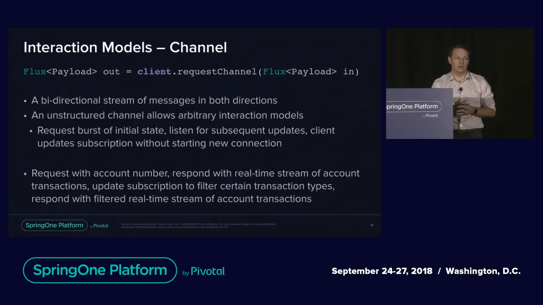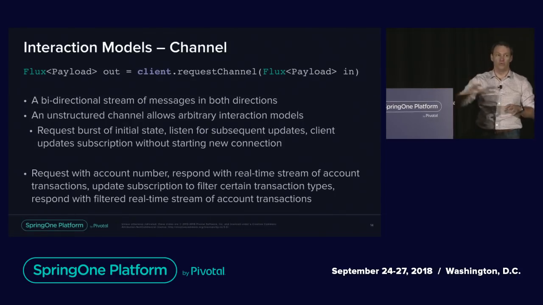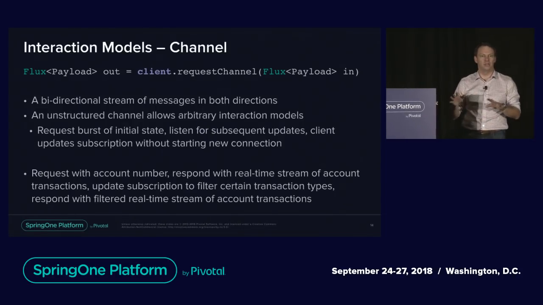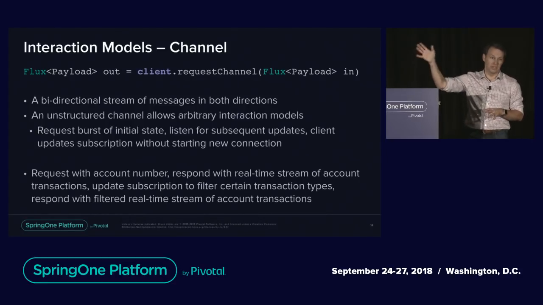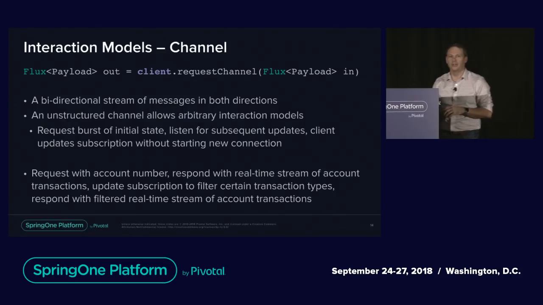So it allows arbitrary interaction models. And if you take a look at this, you can instantly see exactly how you would implement the other three interaction models using this kind of thing. I don't believe we actually implement it that way, but you can see how logically they are all sort of refinements of just straight flux.